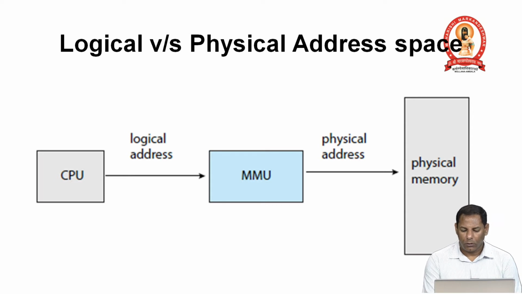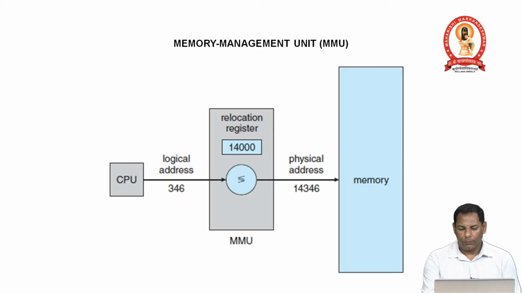And you will see in the next figure that the CPU has generated an address, that is 346, and we need a hardware unit known as the memory management unit, MMU. This will convert this address into a physical address, and the base address is now called the relocation address. The address is sent to memory.